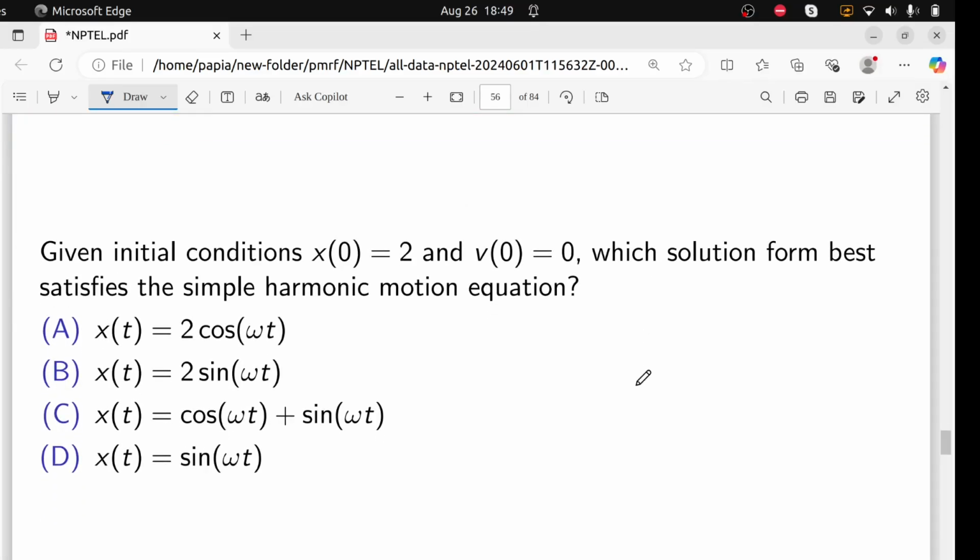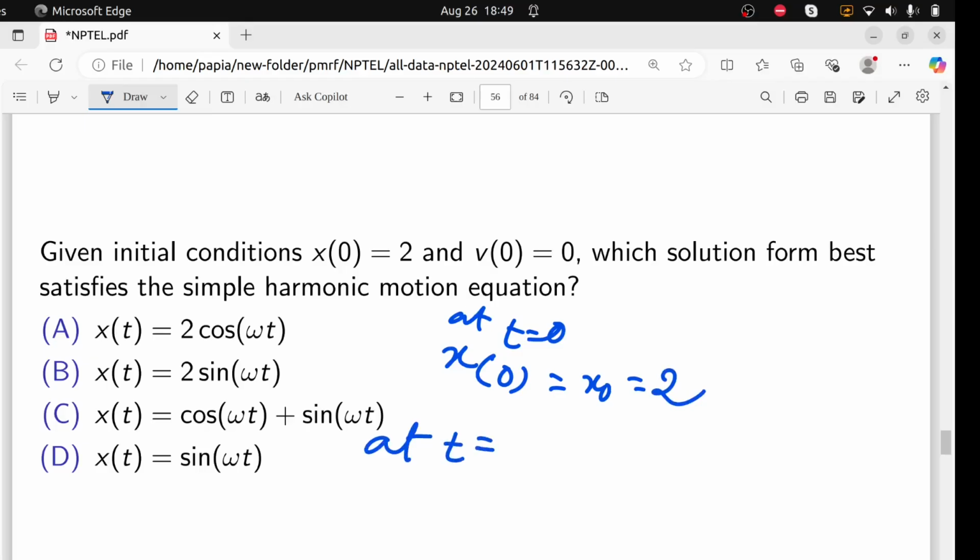Now coming to the 7th question. Given initial conditions, what are the initial conditions? Initial conditions are at t equals 0, x0 equals 2.